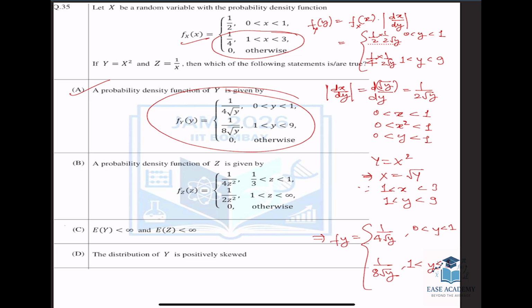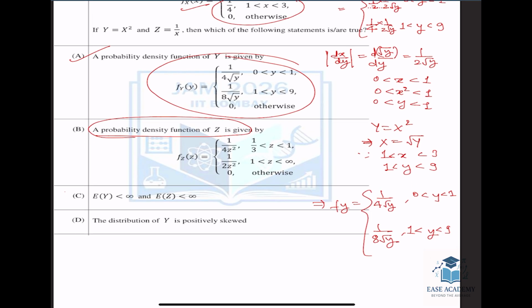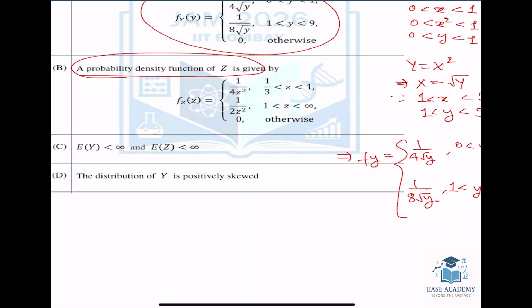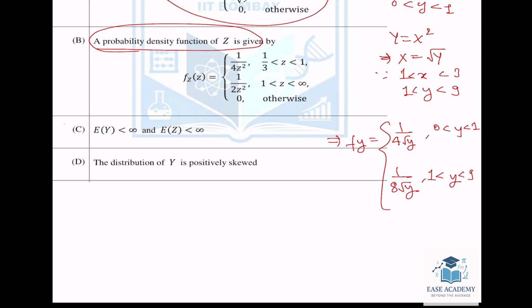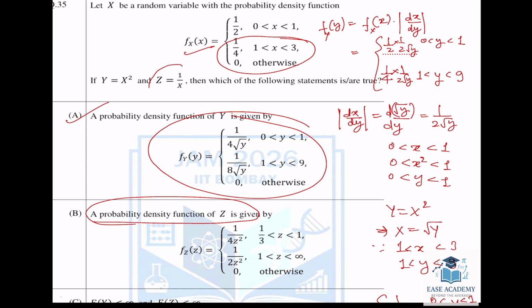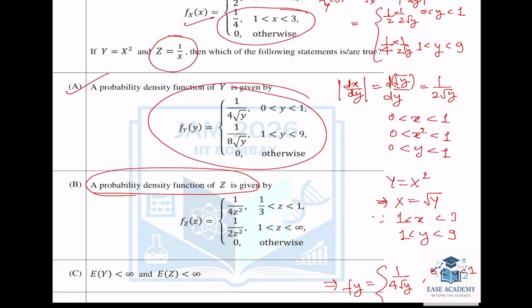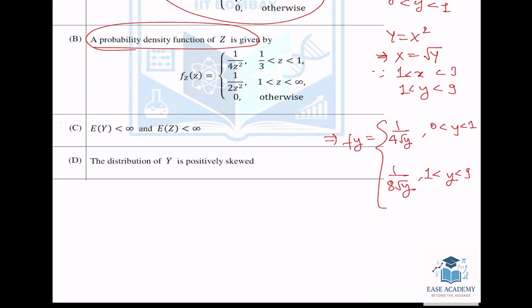Now we need to check the probability density function of Z. For the probability density function of Z, we can easily transform Z to X, since X is taking positive values only.